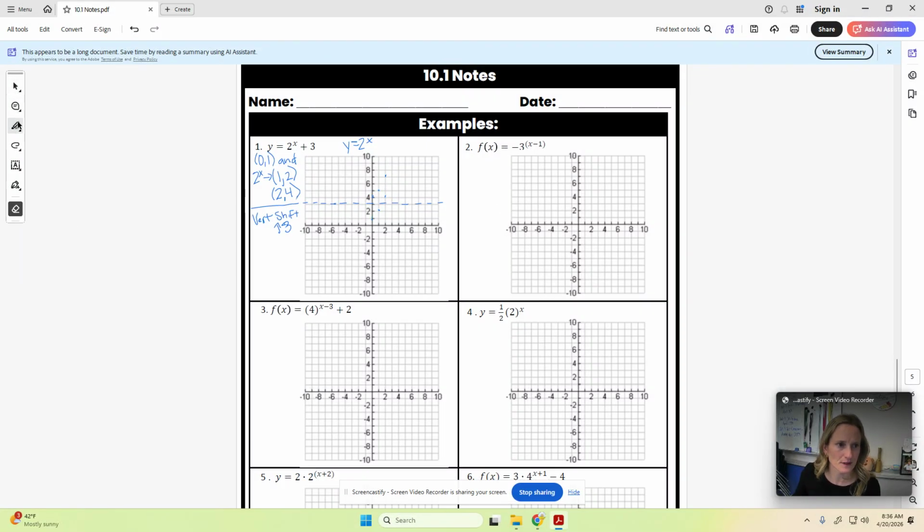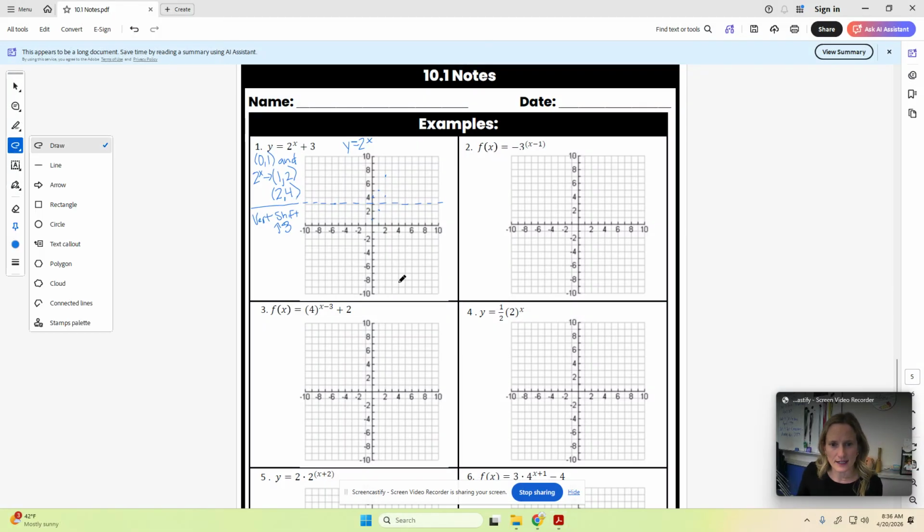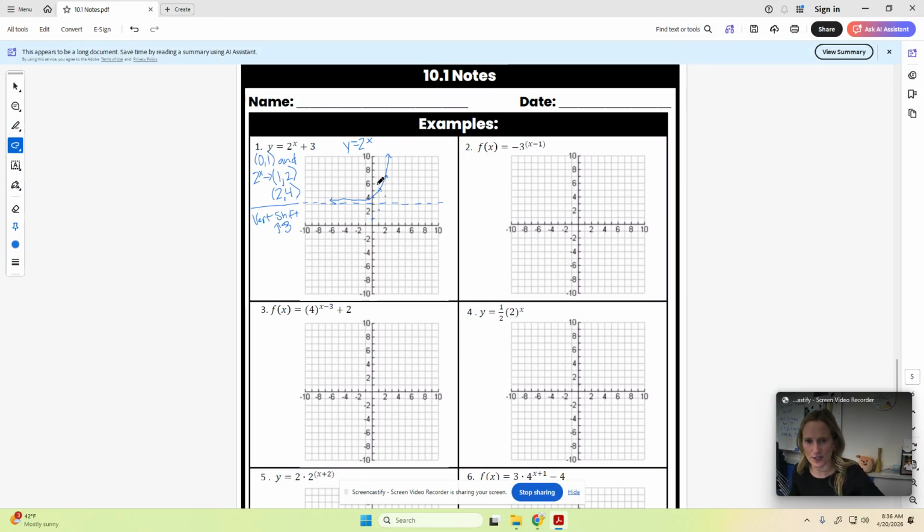Now I can roughly draw in this exponential curve going through those 3 points, but I want those 3 points to be relatively clearly labeled. Like I said, it's very hard to do with this keypad, but on your graph, please have them labeled. And please reference the notes key in Google Classroom so that you can see how I clearly labeled those points when I had a better way of drawing.